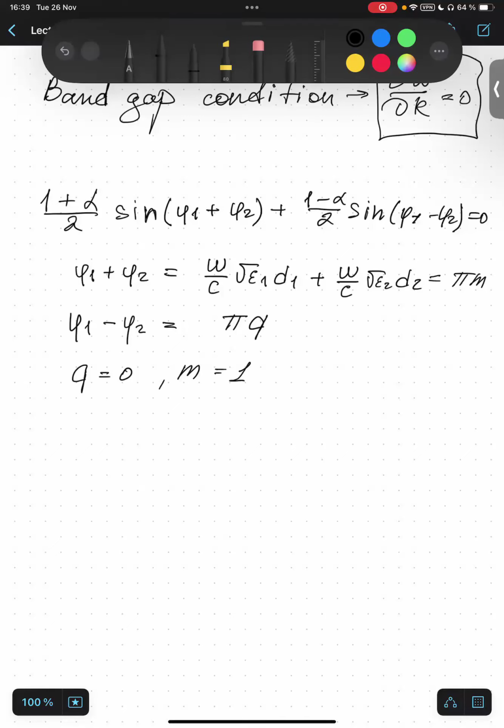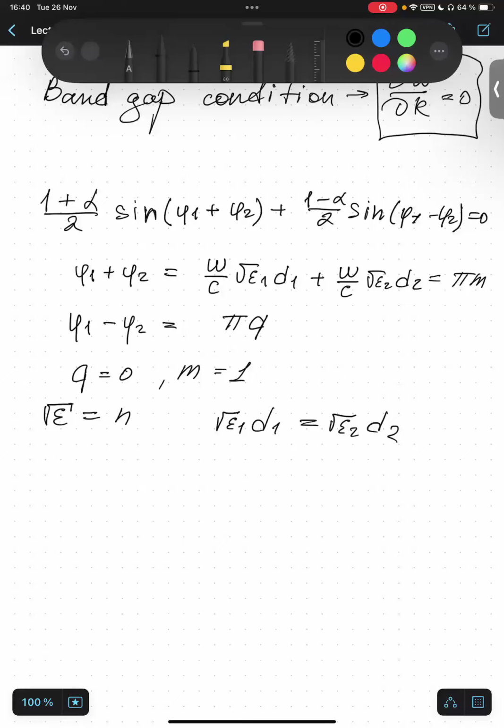We also remember that square root of epsilon is just the refractive index of our structure. This leads us to this expression. So 2 d2.